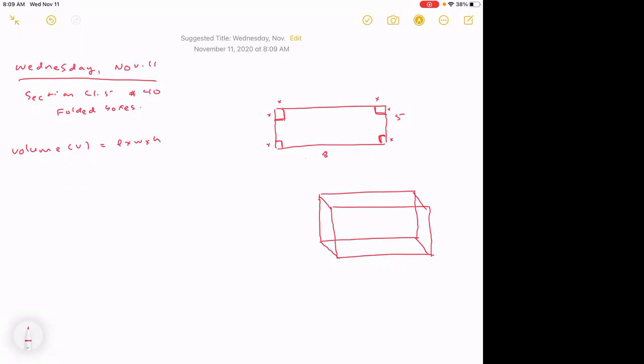So what would be the dimensions of each side here? What would be the length, the width, and the height? Wouldn't length be x?